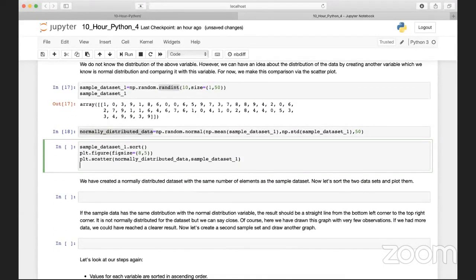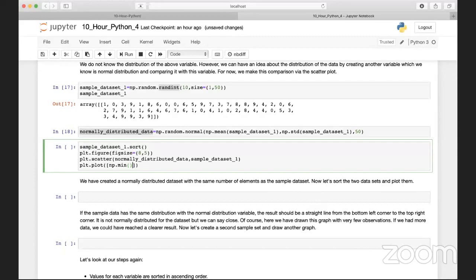As we discussed, in order to have the QQ plot, I need to have a 45-degree line. So now I will have this 45-degree line for you. plt.plot. Inside the list, I declare a list here inside the brackets.